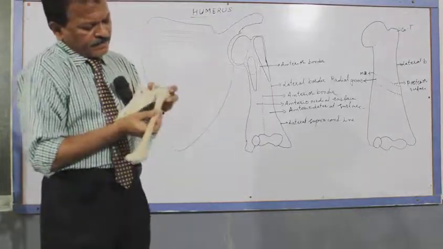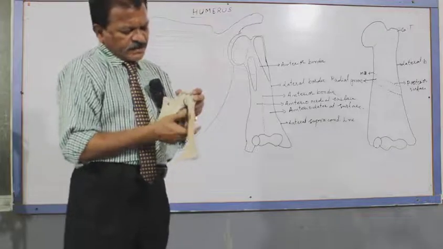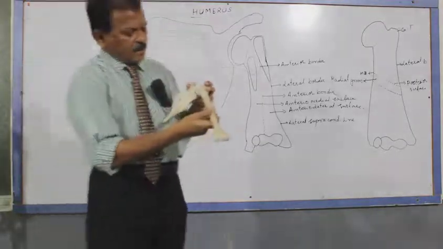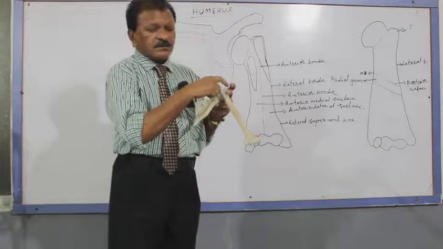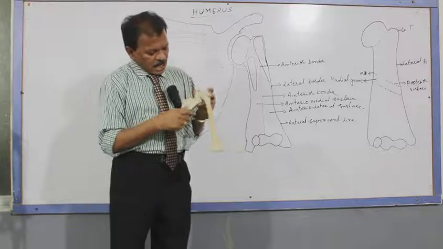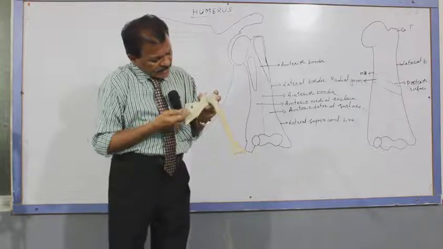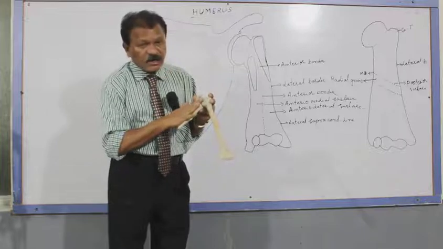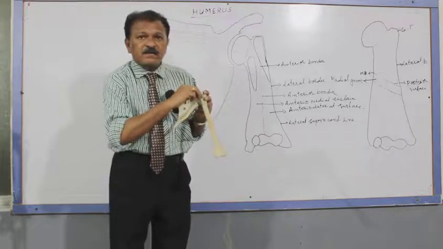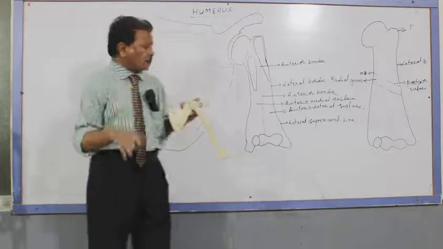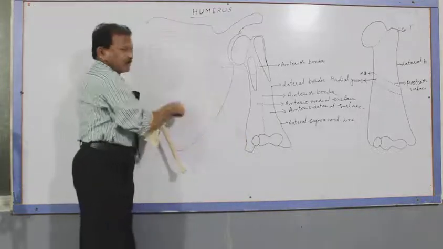You see here, this one is the lesser tubercle, and this one is the greater tubercle of the humerus. And these fibers slightly ascend upwards, forwards and laterally. They are inserted in the lesser tubercle of the humerus. Once again, you see here the subscapularis muscle.